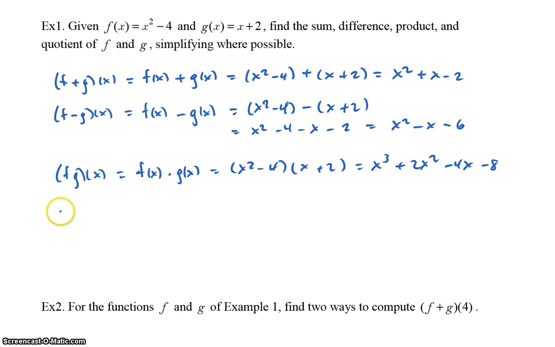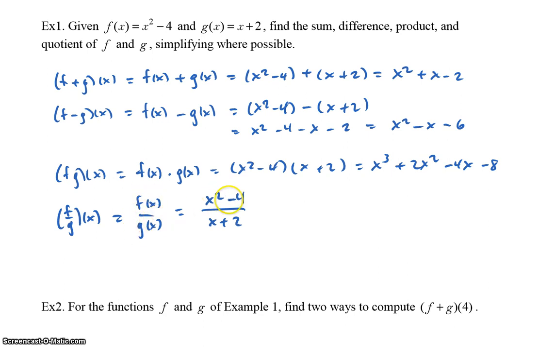And finally, f over g of x is defined as f of x over g of x. F of x is x squared minus 4. G of x is x plus 2.